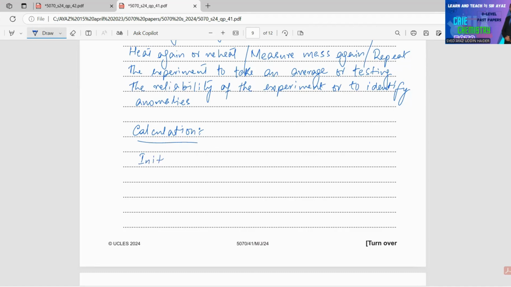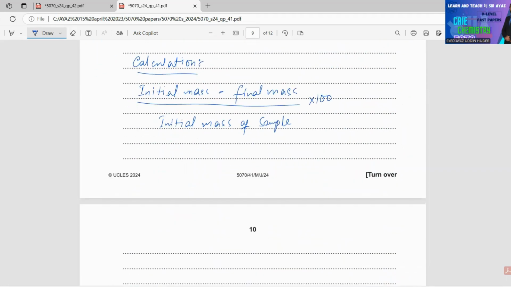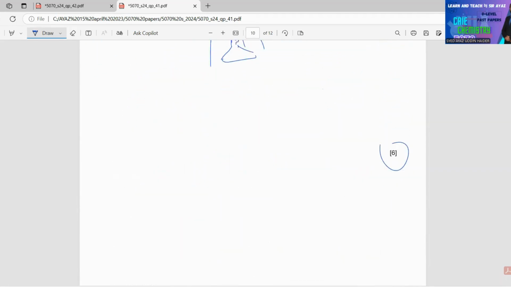So you have initial mass minus final mass, and divide this by the initial mass of sample. We are calculating the percentage, so you have to multiply it by 100. This will be the complete and final answer for this 6 marks question.